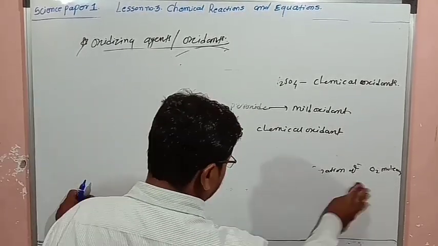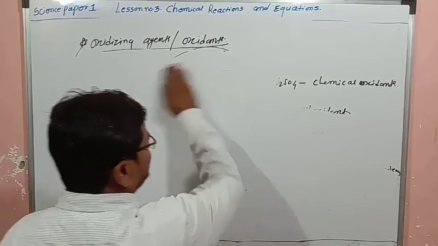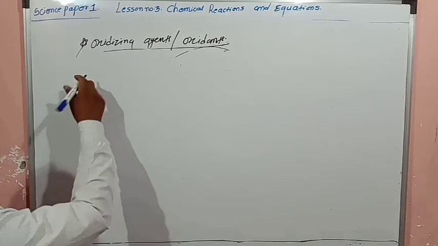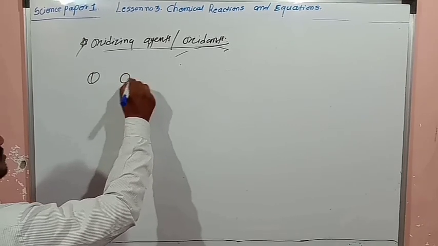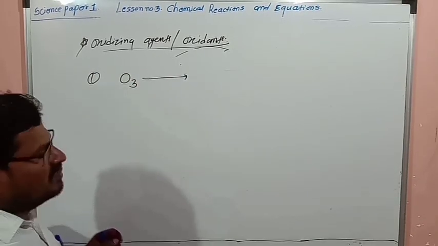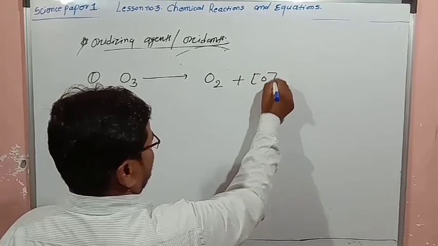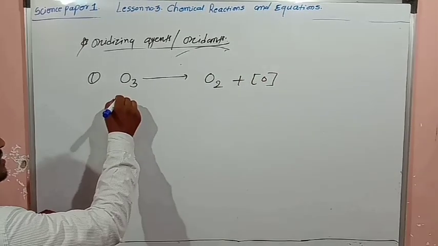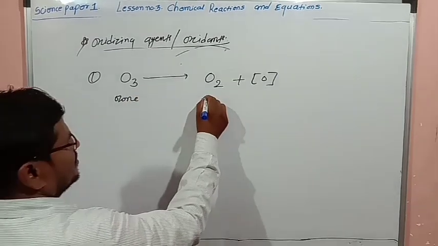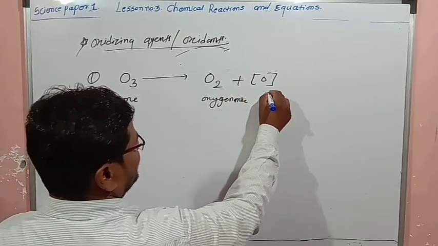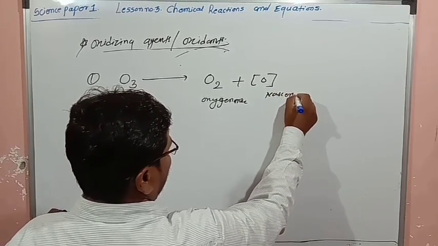First, take ozone, O3. It will make oxygen available like this: O2 plus nascent oxygen. This one is ozone, this one is the oxygen molecule, and this one is nascent oxygen.